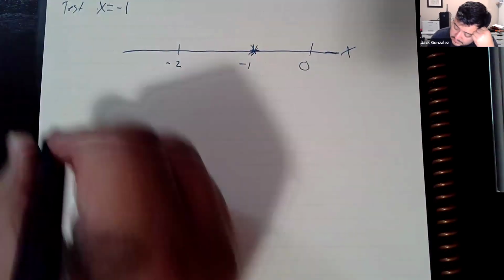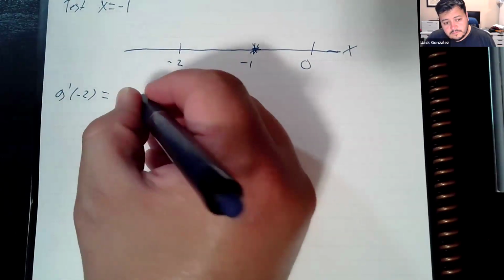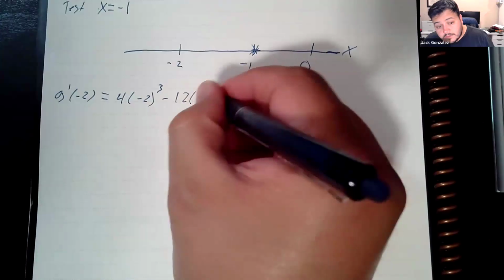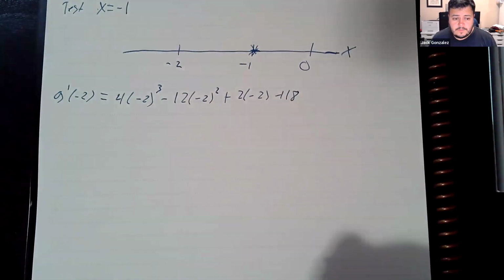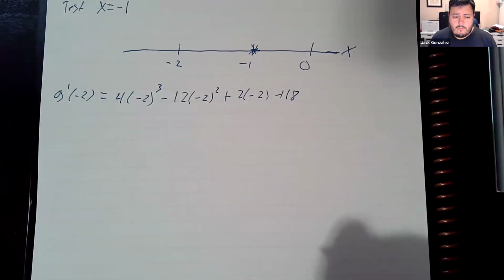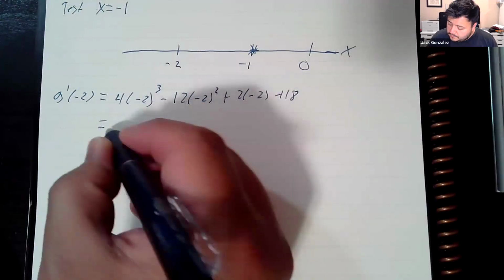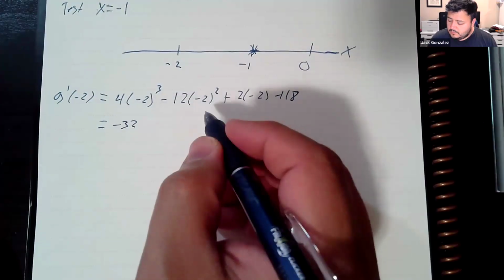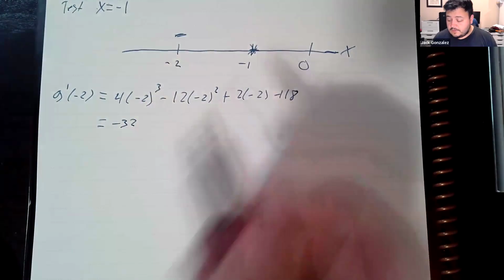So plug in, let's say, -2 into the derivative. Let's see what we get. 4 times -2 cubed minus 12 times -2 squared plus 2 times -2 plus 18. So that's the original. Add all this up. It's going to be negative. So this will be -32. This would be more negative. I don't care what the result is. Negative.